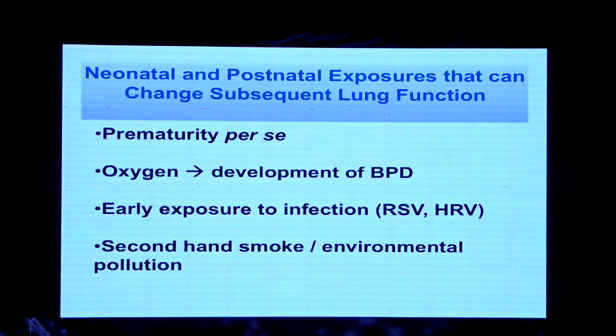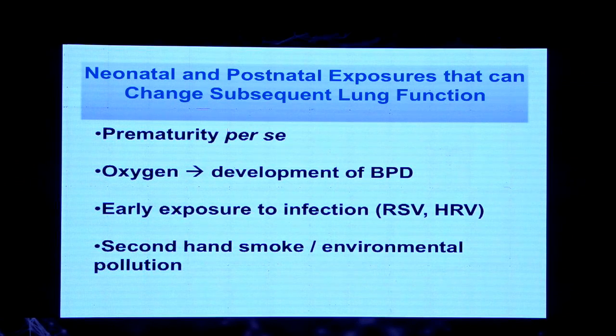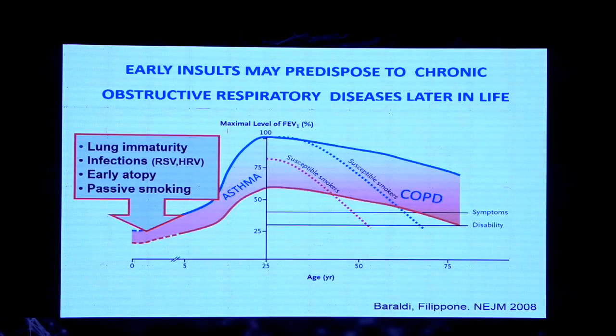Prematurity per se is, of course, the major driver together with oxygen exposure, but also we need to consider early exposure to infections, both in the NICU and outside the NICU, besides the usual environmental variables such as pollution, smoke exposure, and overcrowding. Ultimately, we have this curve of pulmonary performances in premature infants.